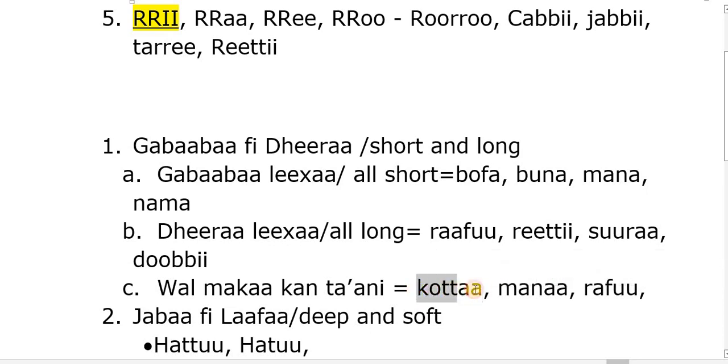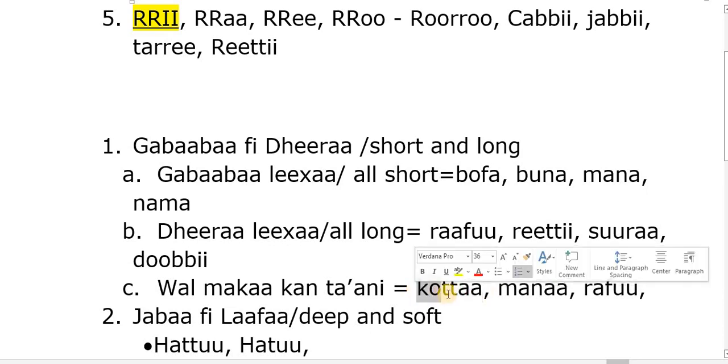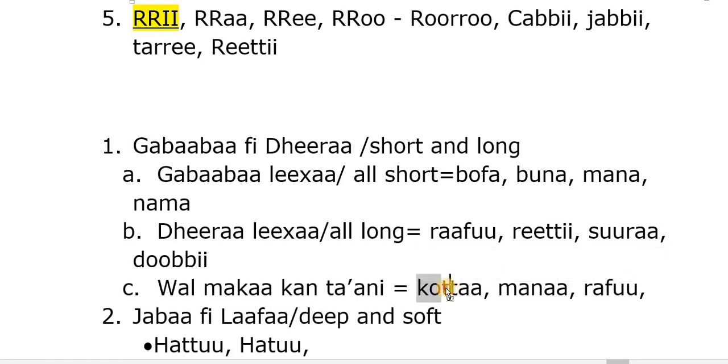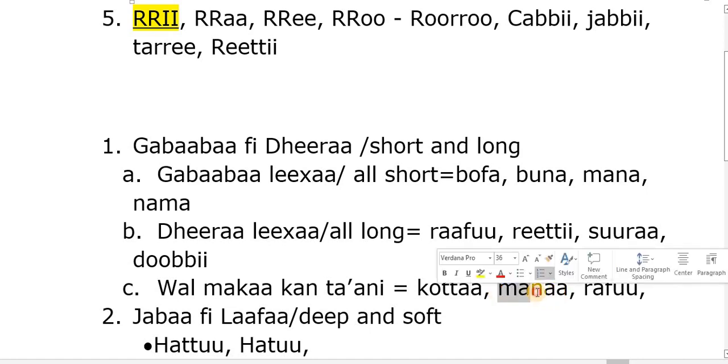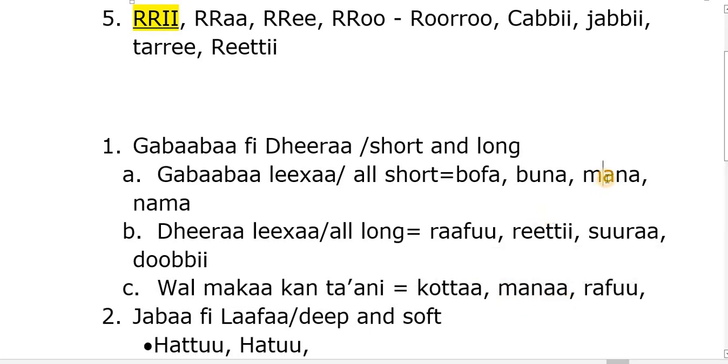At least we have three things in here: soft, strong, and long. Okay, everything covered here. Kota, mana. This is short and long. There is no strong mana.